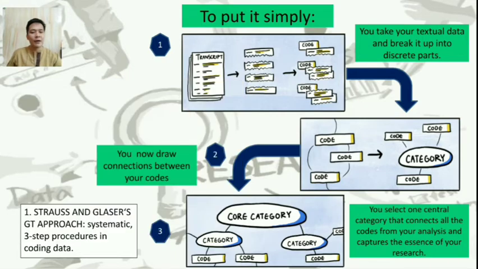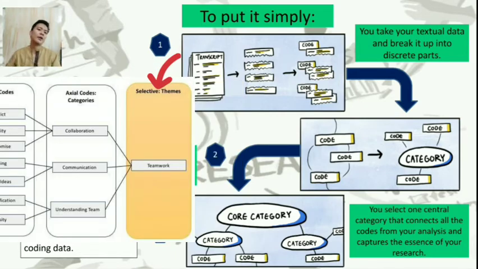And from there, you now have to do your selective coding. So, ito na yung number 3 step, wherein you are now to do your core category. For selective coding, you select one central category that connects all the codes from your analysis and captures the essence of your research. So, kumbaga, ito na yung pinaka-last step. From those codes that you had gathered from your open coding, and you had categorized into a category for your actual coding, yung mga categories naman na na-gather mo dun sa second step, ika-categorize mo ngayon into a core category.